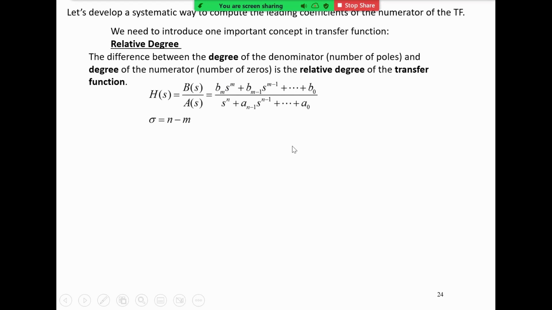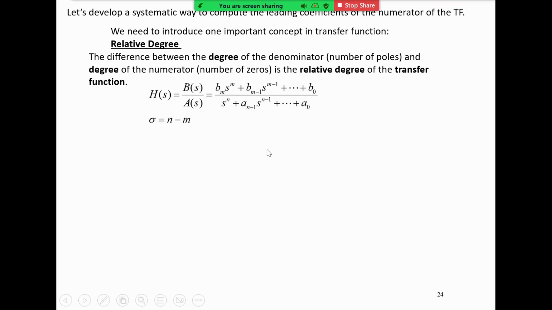But here we're talking about the relative degree. The relative degree is just the difference of the degrees between the denominator and the numerator. That's how we define sigma equals n minus m. Is that clear? That's why we call it relative degree.